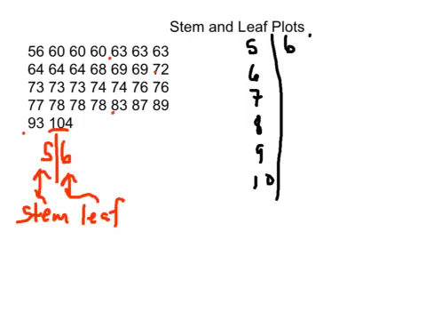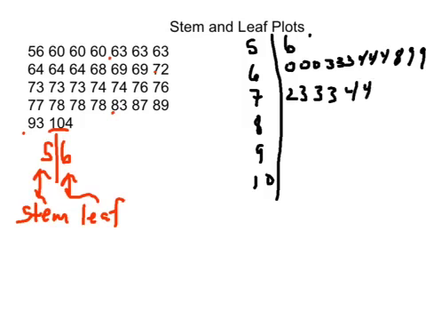60s I got 3, so I'll go 1, 2, 3. And then 63s, 64s, and then 8, 9, 9. For the 70s, we go 72, 3, 3, 3, 4, 4, 6, 6, 7, and then 8, 8, 8.